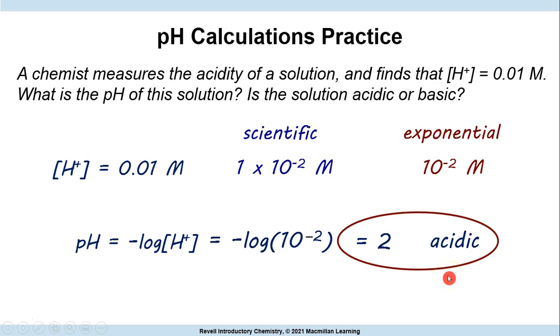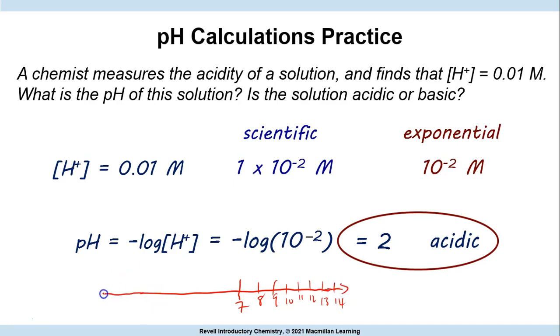So the pH scale, when we look at the pH scale here, we have the neutral position here, 7. From here we have 8, 9, 10, 11, 12, 13, and 14. So it increases in this direction.